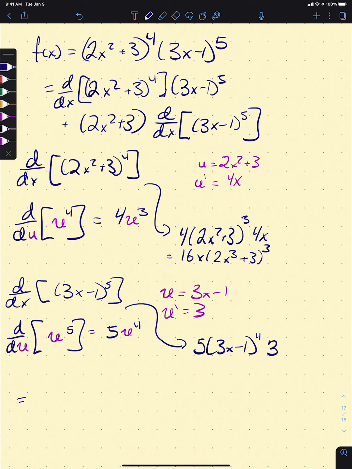So it looks like our function, I'm going to write it at the bottom here and then move it to the next page.